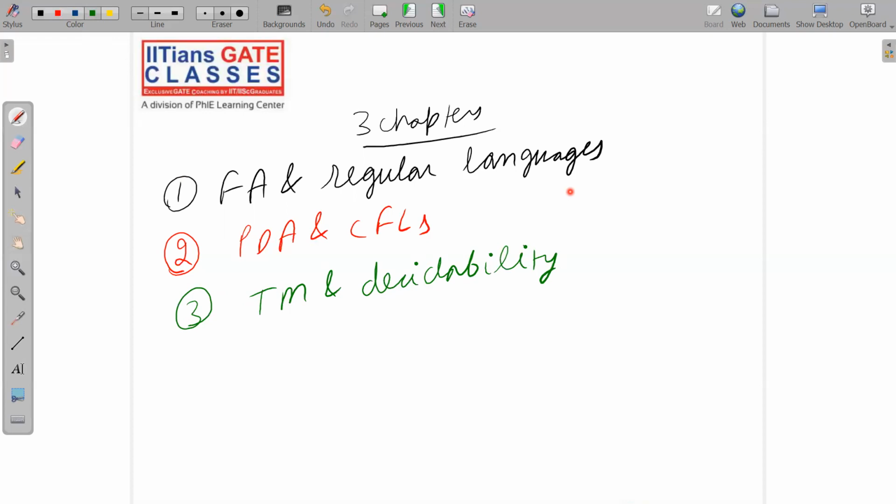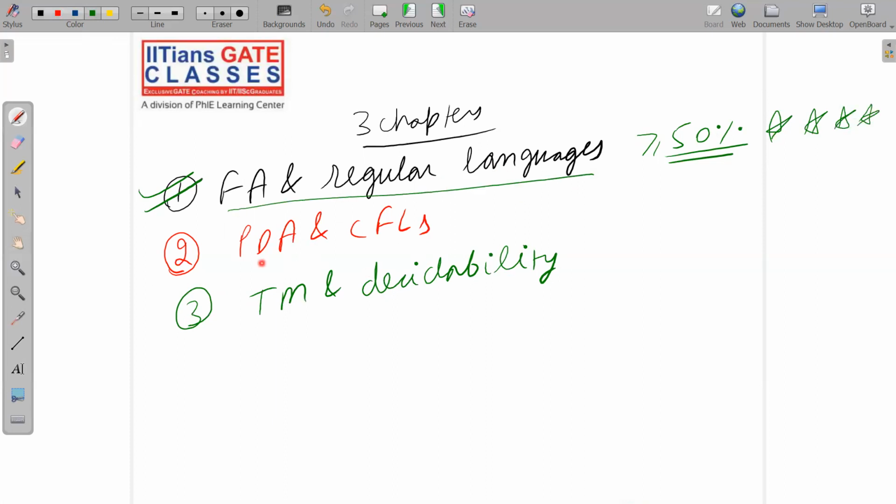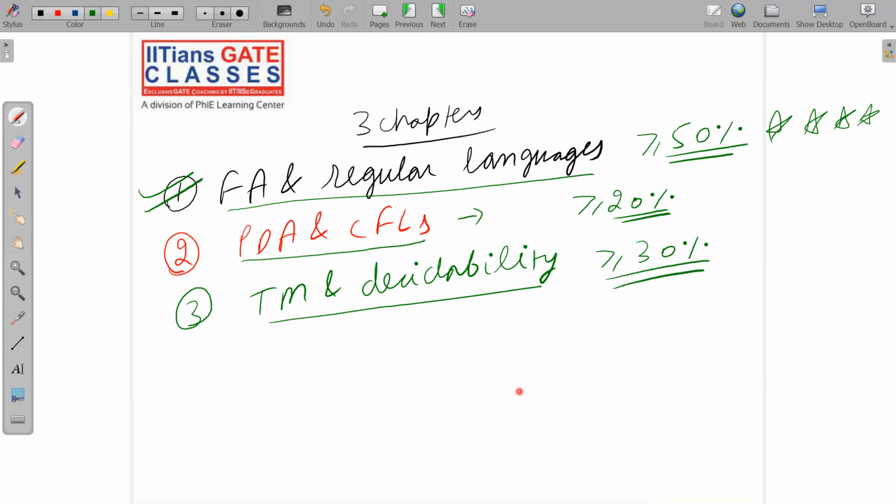More than 50% of TOC will be covered in the first chapter itself, and it is the most important chapter, and it's easy also. The PDA and CFL, you can think of as approximately 20%, and Turing machines and decidability is approximately 30% of the syllabus.